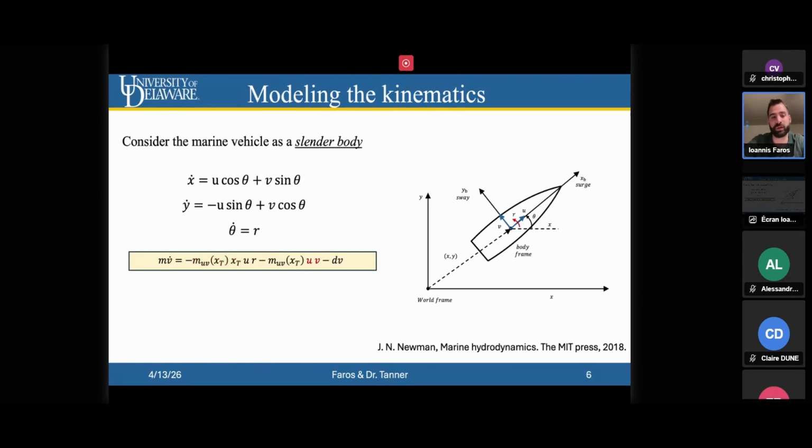However, we also have this term here, UV, which adds a nonlinearity in the system. And this term is the effect of the pure steady translation of the ship in a direction that is not the symmetry of the ship.